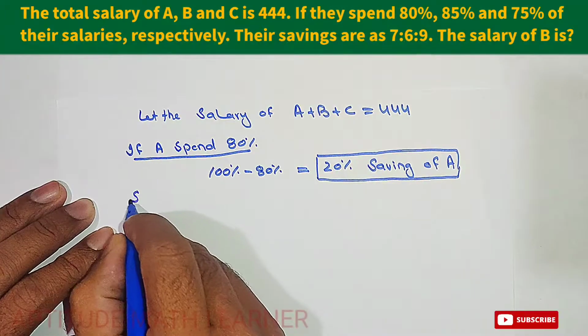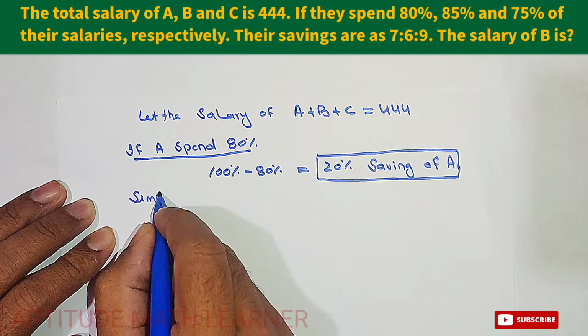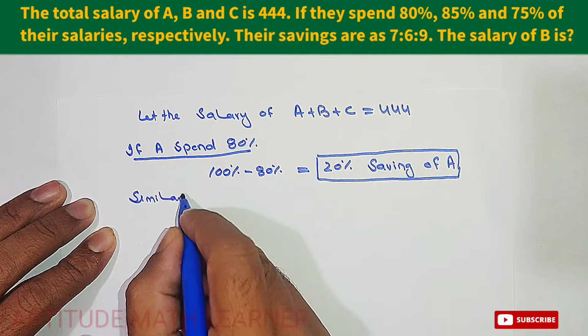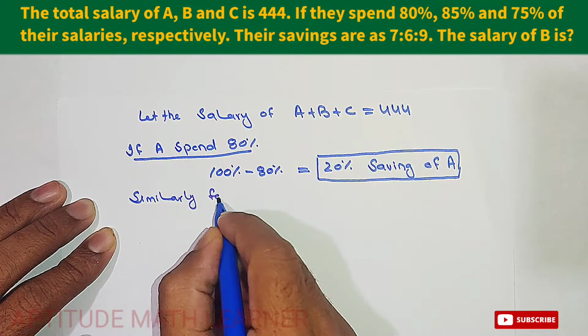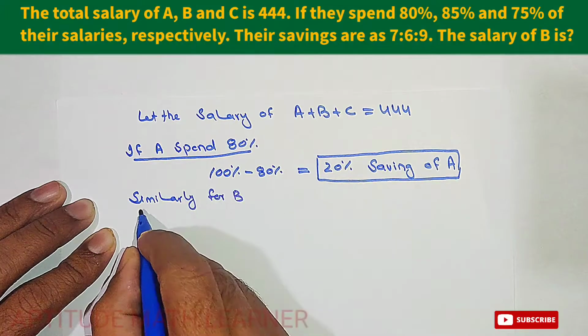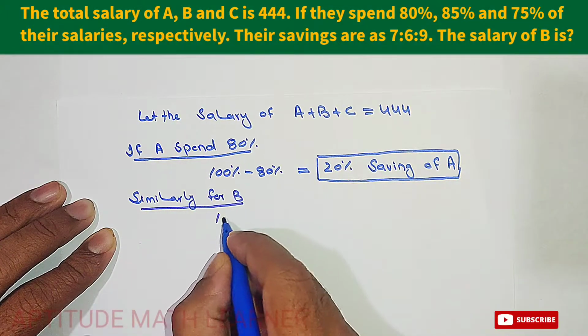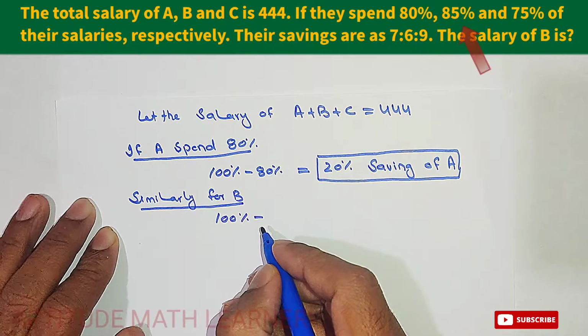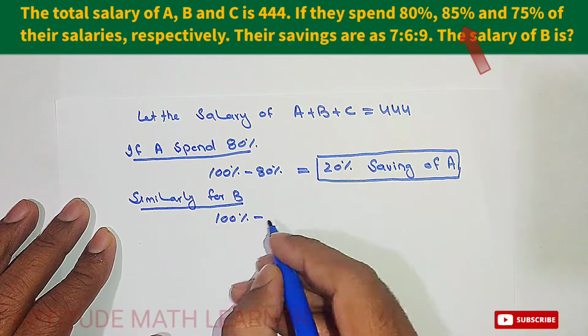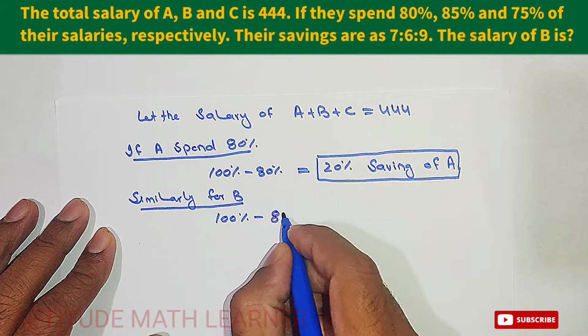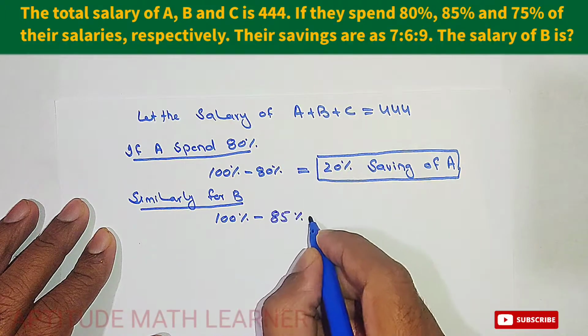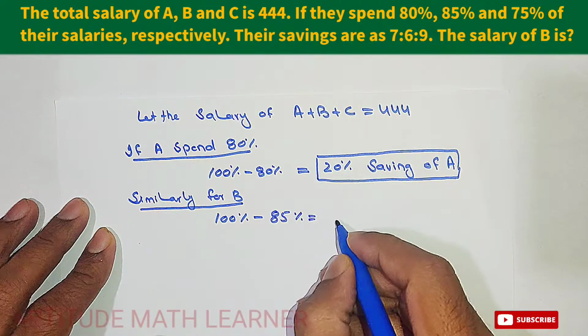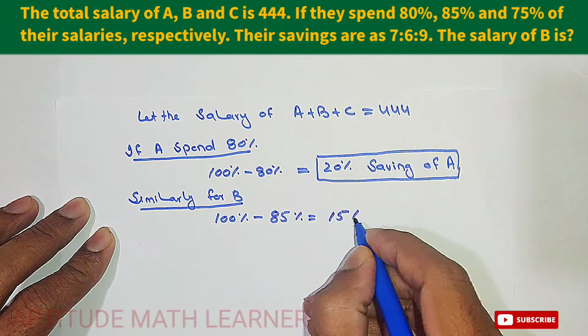Similarly for B, from 100%, if he spends 85%, then we get the answer 15%.